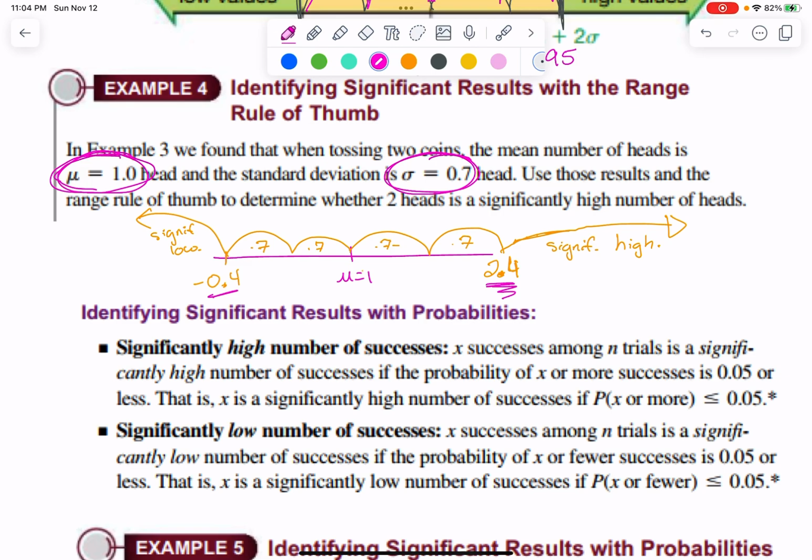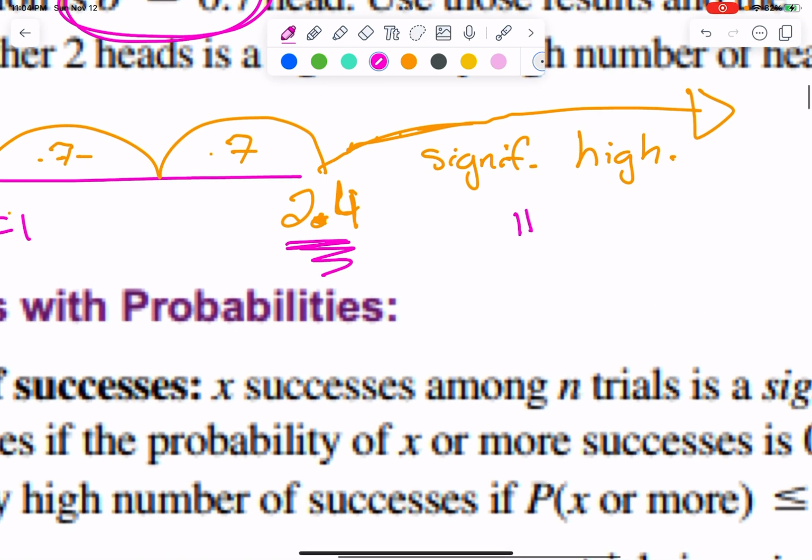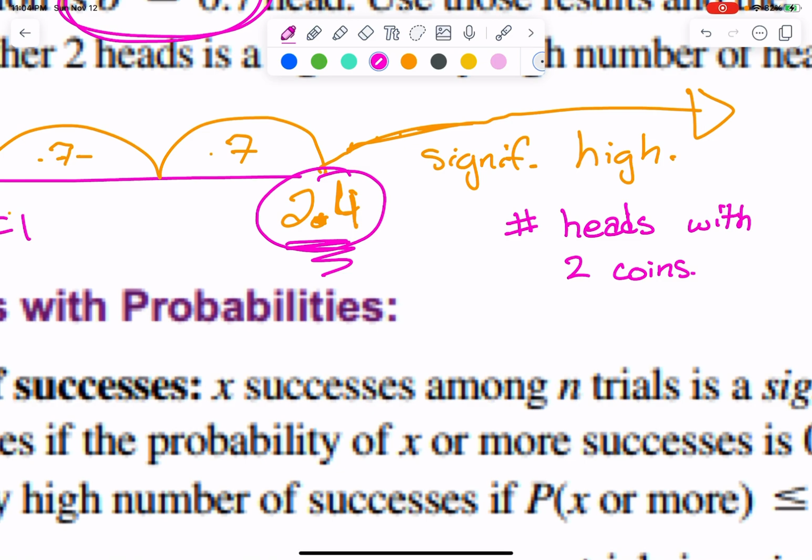We're flipping 2 coins, and we're talking about the number of heads that show up when I flip 2 coins. Okay, so anything larger than 2.4 heads is going to be significantly high. But I'm only flipping it twice. Like, I'm never going to get 2.4 heads, right?